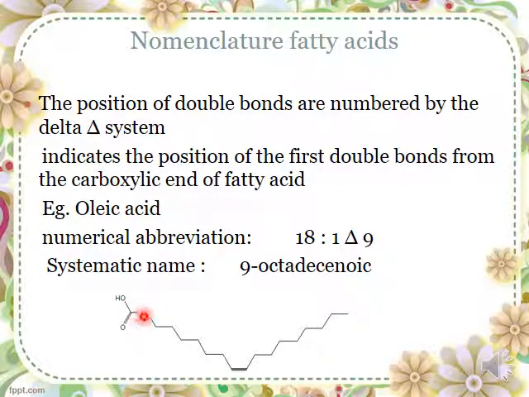This is carbon 1, 2, 3, 4, 5, 6, 7, 8, 9. In the numerical abbreviation, we write it as 18 colon 1 delta 9. This indicates there are 18 carbons with one double bond at the position of carbon 9, delta 9.